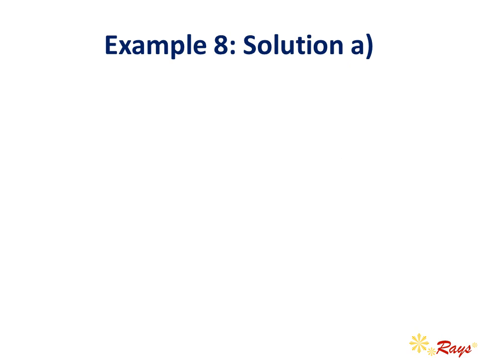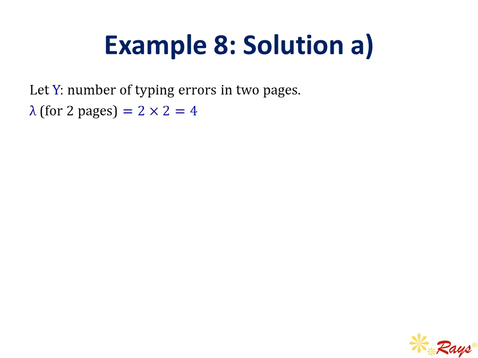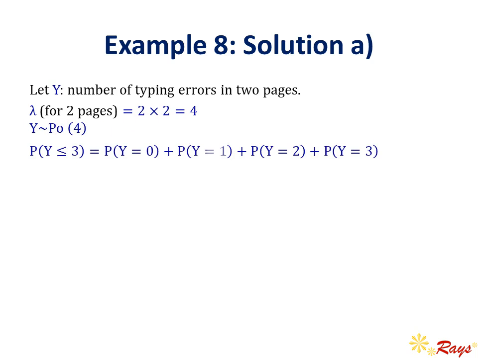Let us solve question A, example 8. So let Y be the number of typing errors in 2 pages. Remember that the lambda for 1 page is 2. So to find lambda for 2 pages, we multiply by 2. So now we can write Y as a Poisson distribution with lambda 4. Question A is asking us to find the probability that there are at most 3 errors in 2 pages.